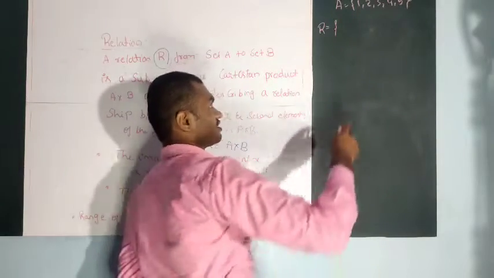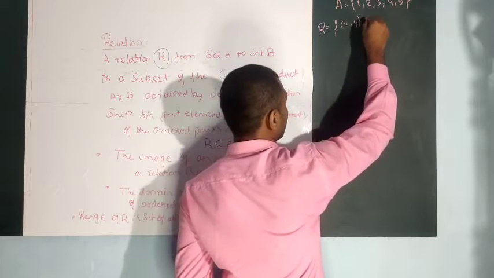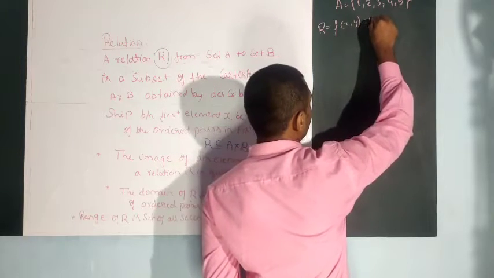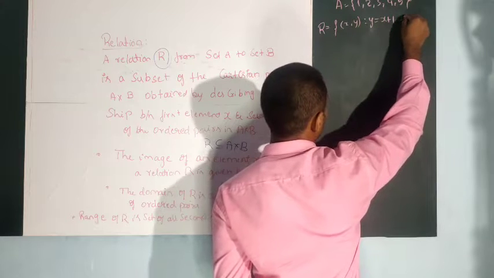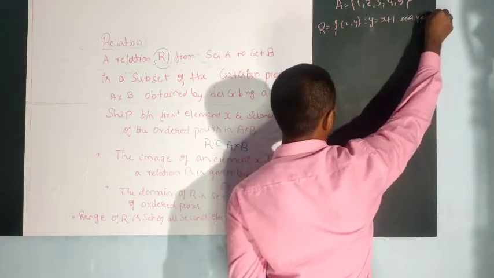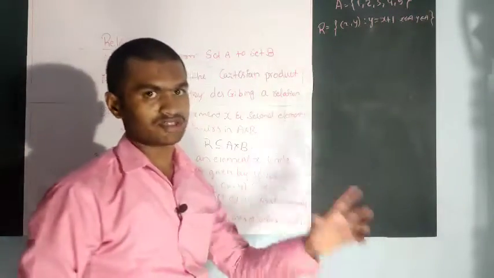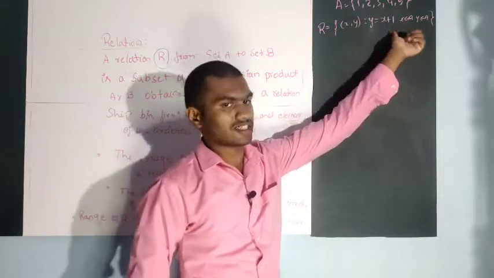The elements will be (x, y), where y is equal to x plus 1, where x belongs to A and y belongs to A. X and y should lie in A. So y should be x plus 1.